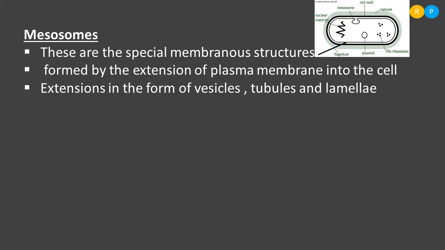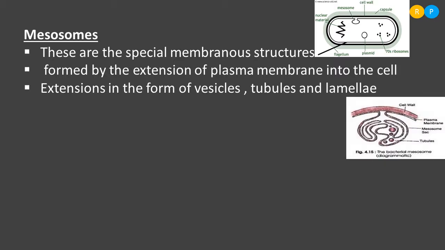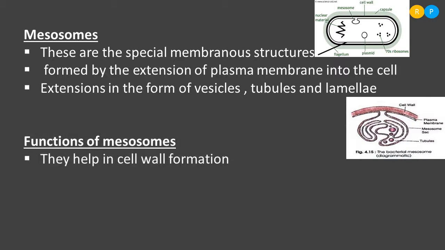Then how do they perform the functions? In order to perform multiple functions, a mesosome is present in the bacterial cell. Many functions are performed by the mesosomes here. One such function we can clearly understand is that they help in cell wall formation.